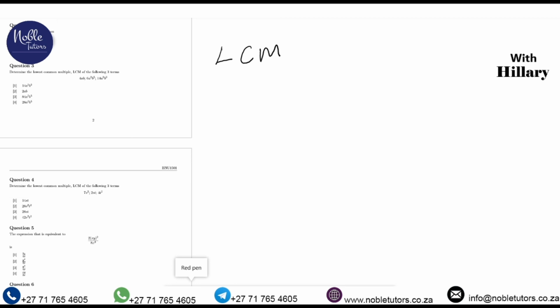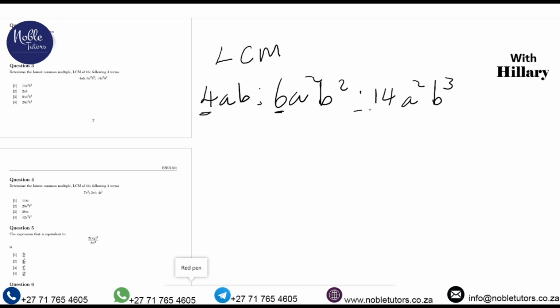For example, we are told that we have 4ab, and we are also given 6a squared b squared, and then we have 14a squared b cubed. So we need a number that 4, 6, and 14 can get into without leaving a remainder, each individually.